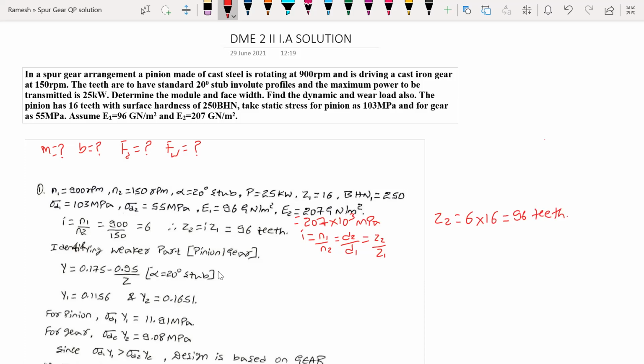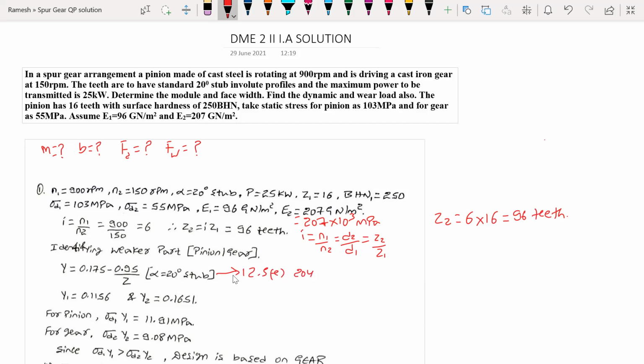According to that, you need to refer the data book. I'm referring to the design data book. From the given alpha angle, I will be using equation 12.56. It is there in page number 204.